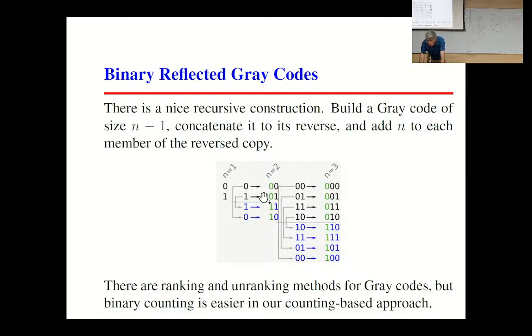Suppose you have the 4 subsets of 2 things listed in minimum change: 0, 1, add a bit, subtract a bit, subtract a bit.